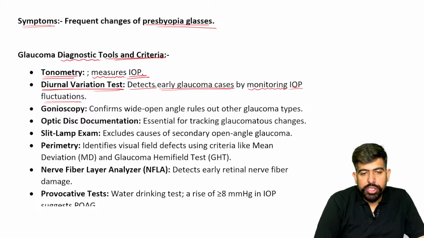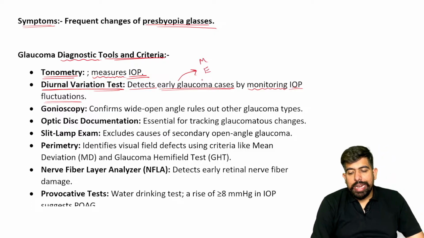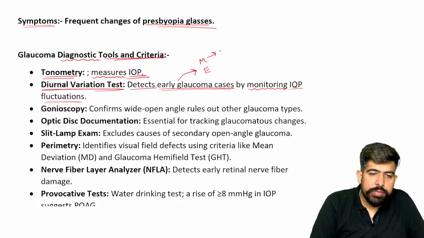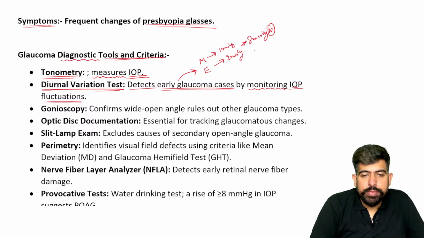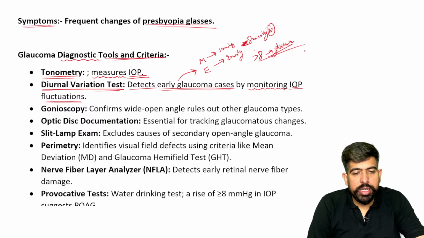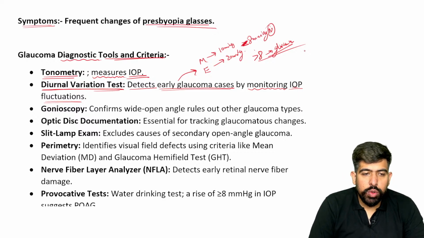If I do this patient's glaucoma test, the tonometry, two times, morning and evening, and in the morning I'm getting 10 mmHg, this is the lesson: if the variation is more than 8, it is glaucoma. So it is a feature of glaucoma. Please remember it is a feature of glaucoma.